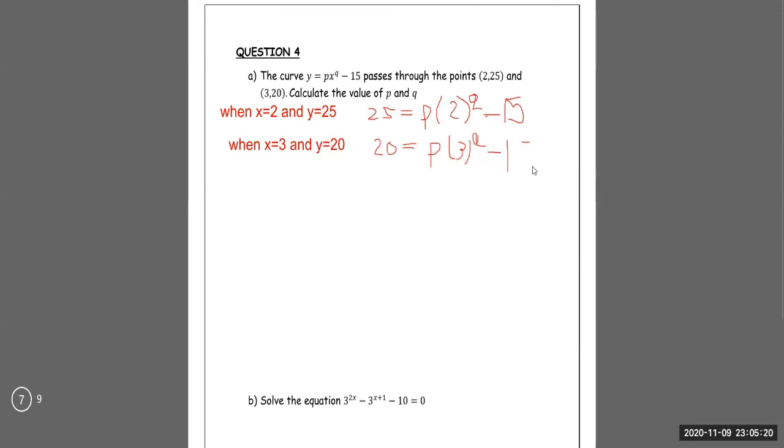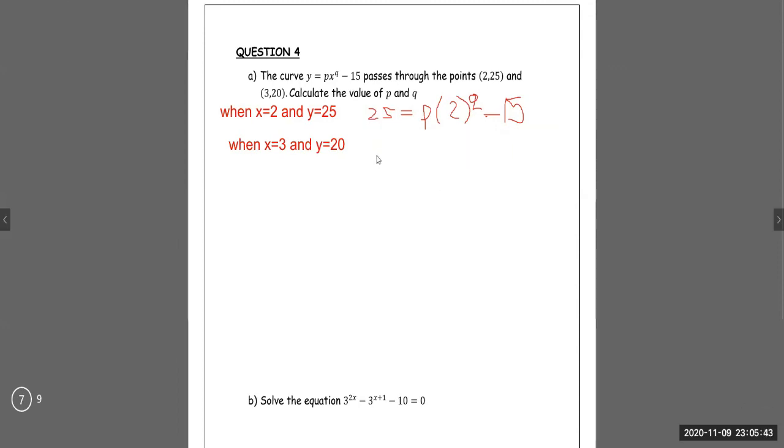Now look what we're going to do. We're going to call this equation 1 and this equation 2. We're going to divide equation 1 by equation 2. You're going to wonder why I'm doing that, but I don't want to divide them yet.